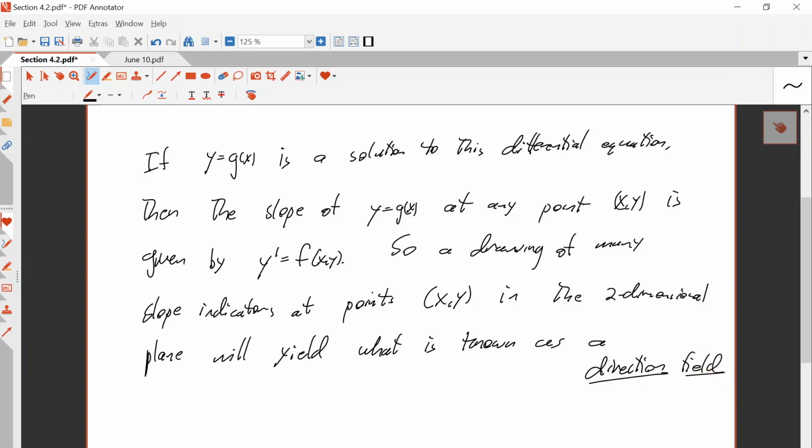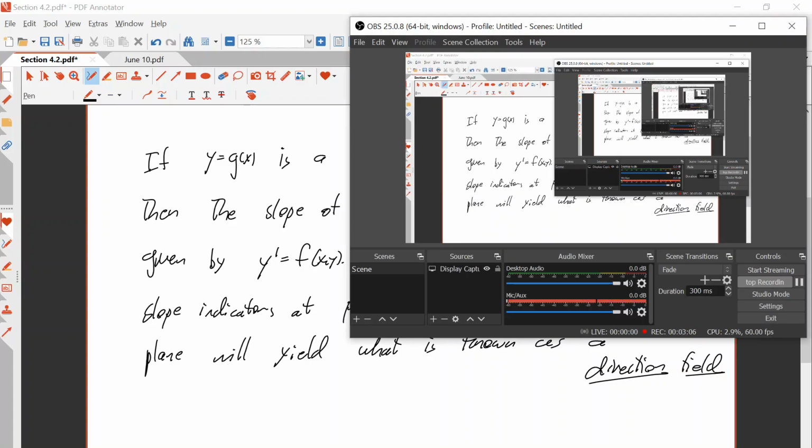Right, and solutions to the differential equation will follow the direction field.